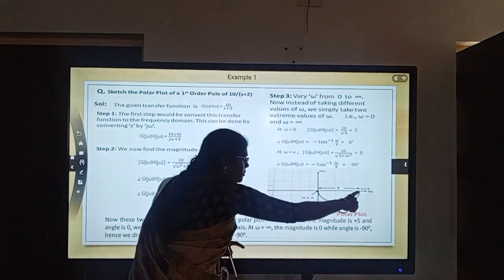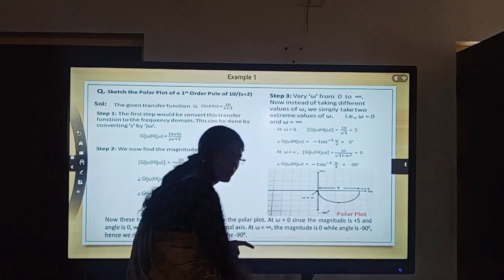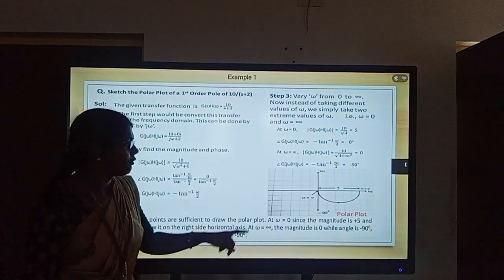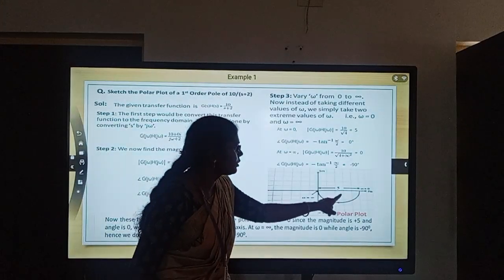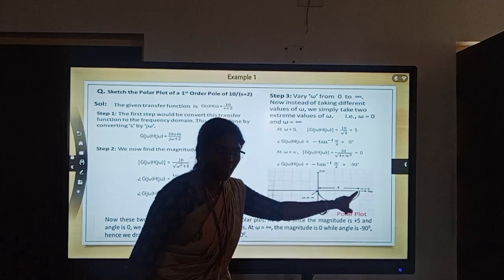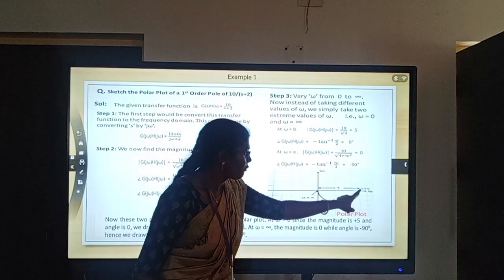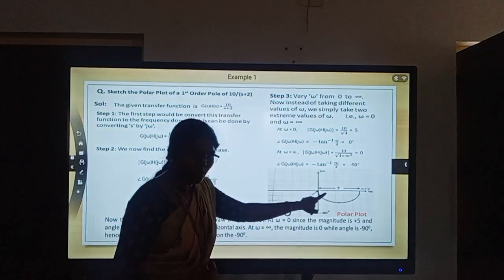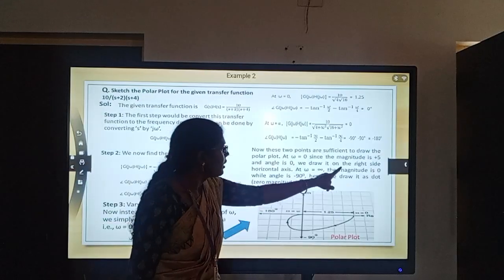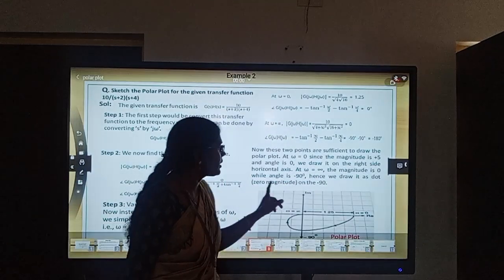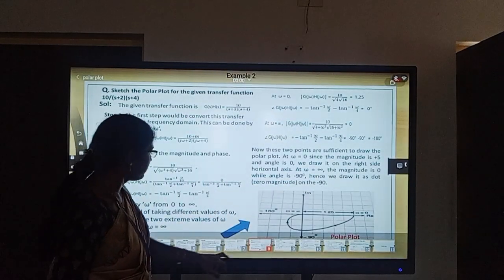So from 0, the magnitude is 5. We will mark that in the graph, here marked as 1, 2, 3, 4, 5. Magnitude 5, angle 0. And from there, when omega is infinity, the angle is minus 90 degrees.